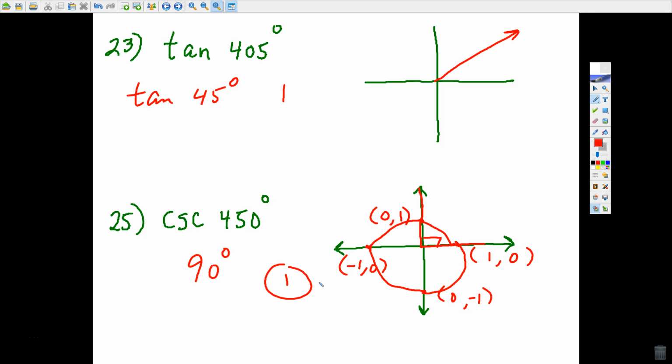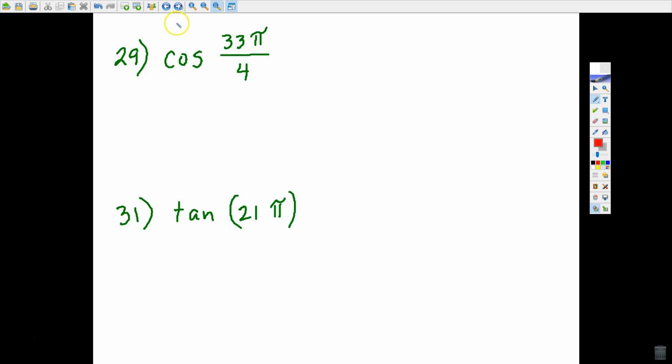Negative 1. Bailey, what is sine 180? 0. Shelby, what is cosine 270? 0. I think you got it. Good job. So now you have a little bit of an introduction to the unit circle.